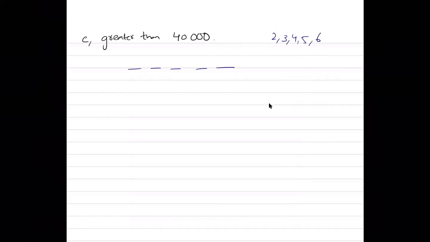How can the number be greater than 40,000? If it should start with what? If a number needs to be greater than 40,000, the first digit should be... How many options do you have for the first position?